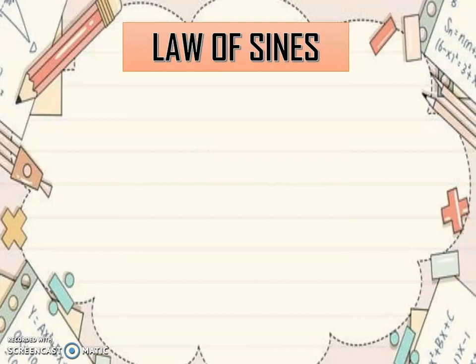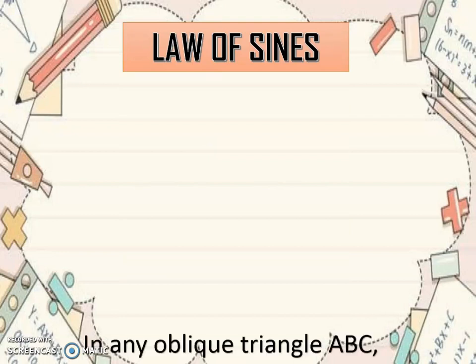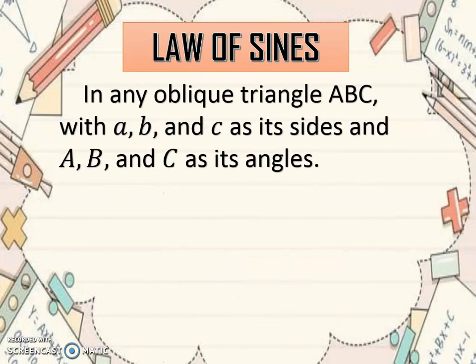For case 1 to 3, class, you're going to use the law of sines. What is stipulated in the law of sines? It says, in any oblique triangle ABC with a, b, and c as its sides, and with angle A, angle B, and angle C as its angles, you will use this formula.